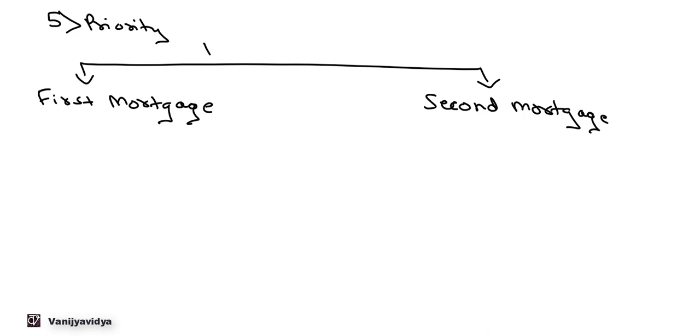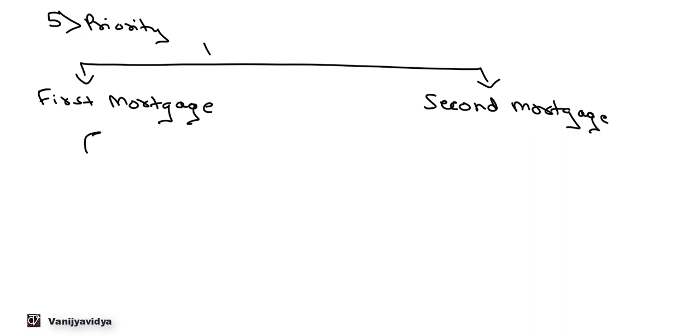Mortgage is a charge over the asset. In case of first mortgage debentures, they are payable first on the sale of the asset, or they have a first right over that particular asset. In case of second mortgage, they are paid only after satisfying the first mortgage debentures.